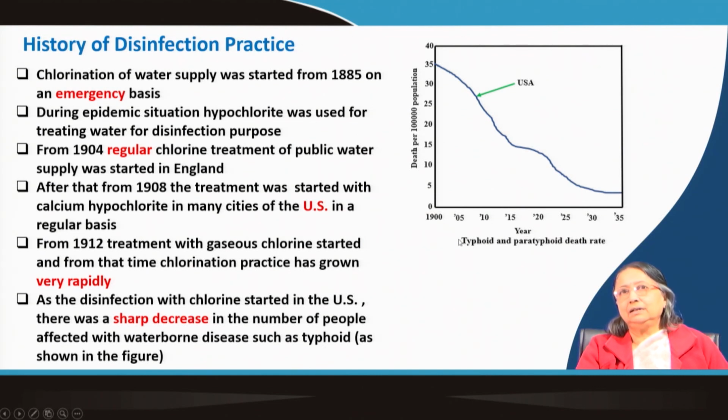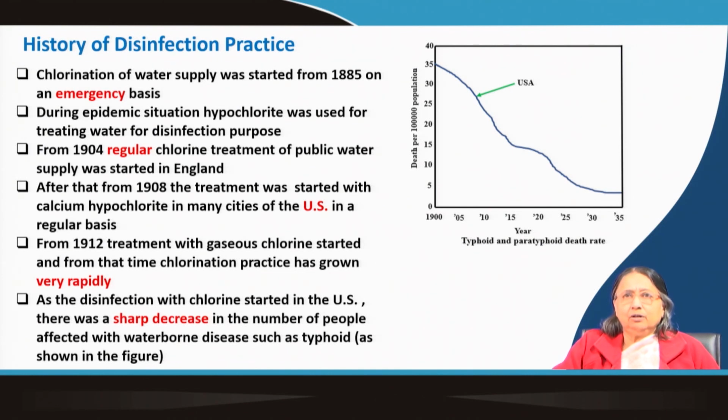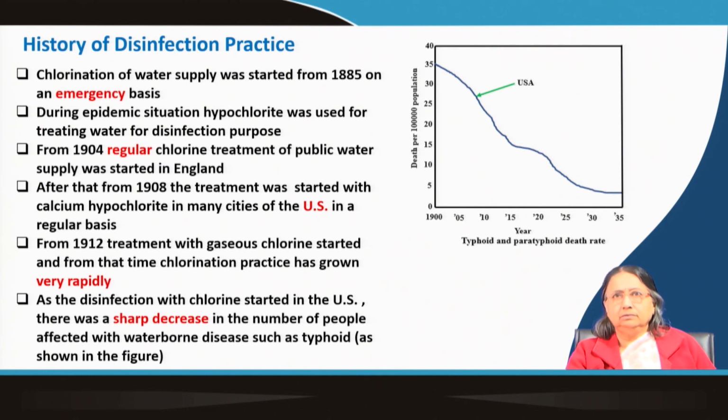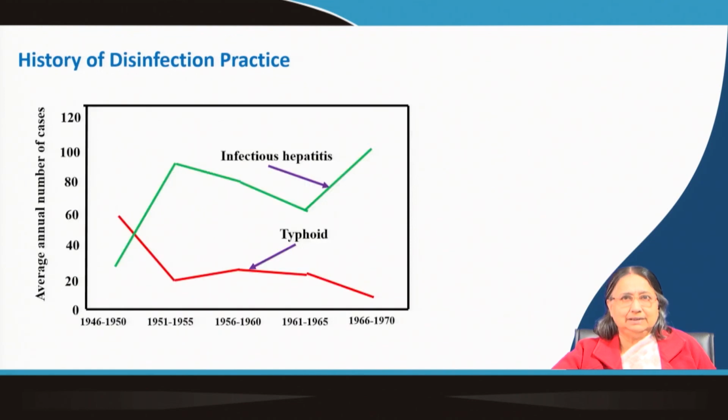So, typhoid is a waterborne disease. Some microorganisms causing this disease are carried in the water. So, if you disinfect the water, then those microorganisms will be killed, and then the water will be safe. So, you can see here that slowly the chlorination process was taken up.